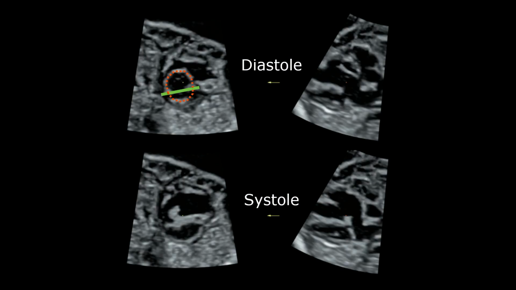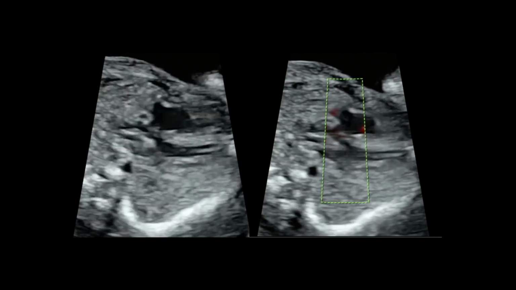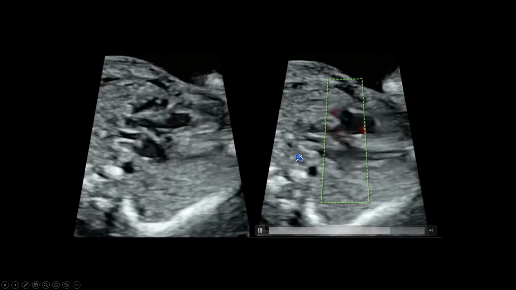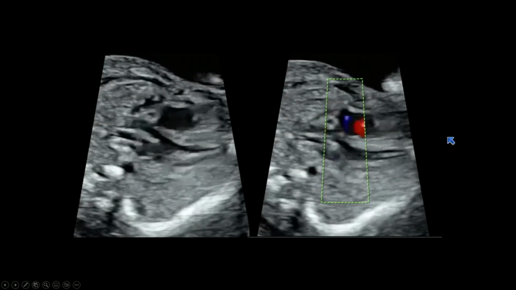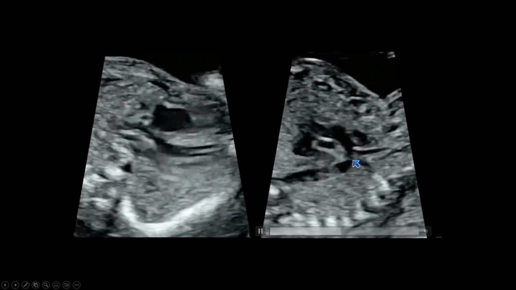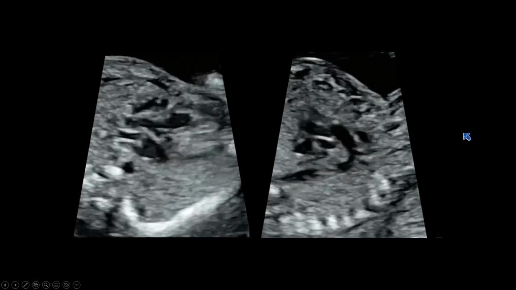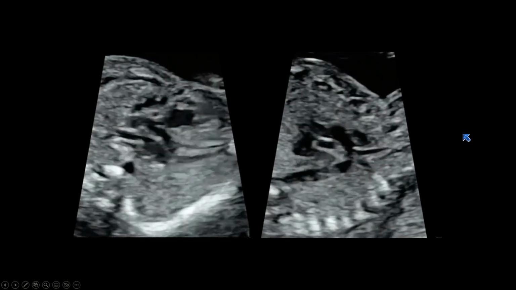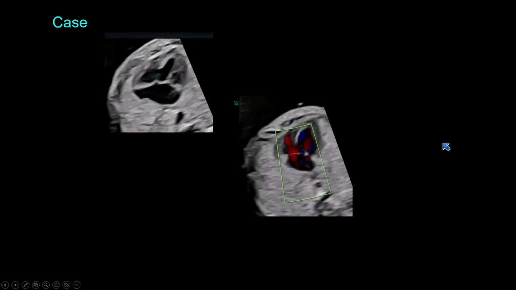I think this was also a parachute left AV valve, so we ended up with a single ventricle repair. This is the left ventricle outflow tract, which looks okay, but this fetus also had a coarctation of the aorta. So if you have small left-sided structures, always look if there's some explanation for or some consequences of the abnormal flow.